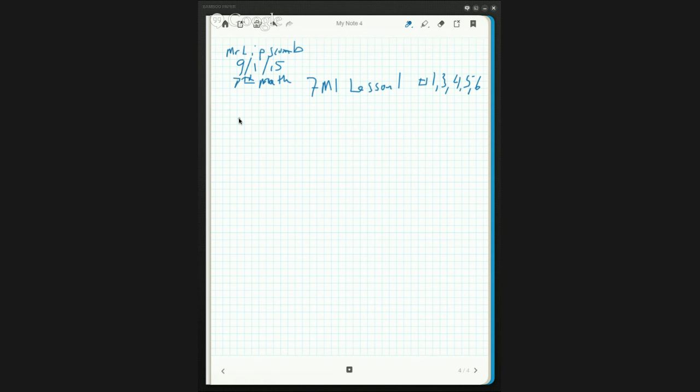Okay, so let's look at problem 1. Problem 1 simply wants us to find the rate and the unit rate. So when we talk about 420, and remember we have to copy the problem, so 420 miles in 7 hours. To write that as a rate, a rate is a number along with a unit.